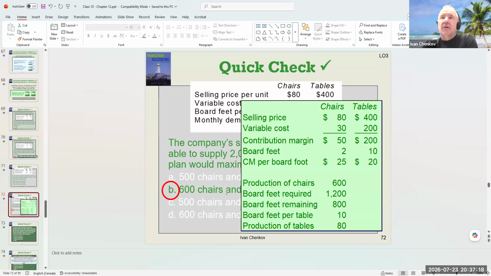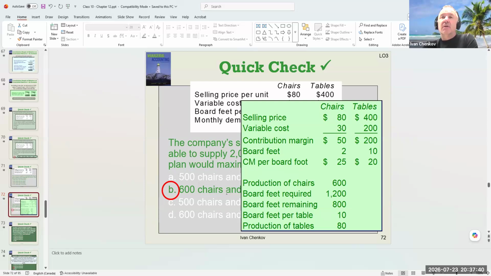So this is the rational calculation of what we just did on our Excel spreadsheet. Selling price, again, contribution margin is 50 for chairs and 200 for the tables. Board feet is our problem, so we're chasing how many board feet we need to produce one chair and one table.